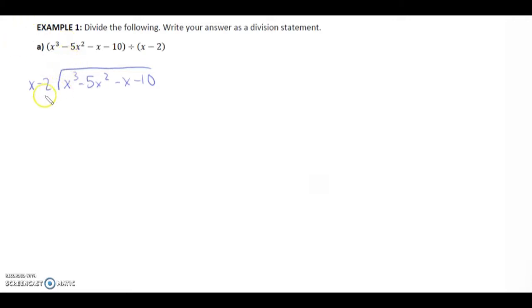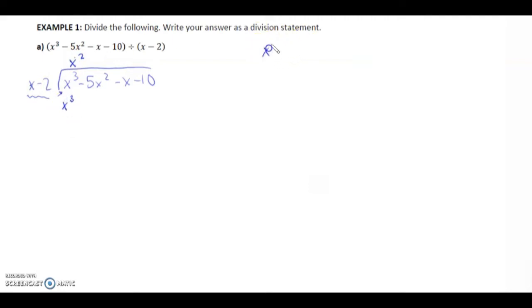Okay, so we're dealing with a binomial here. So we're going to deal with the first two terms. So what times x is going to give us x cubed? Okay, we're going to have to pull in exponent laws here. X squared times x is going to give us x cubed.